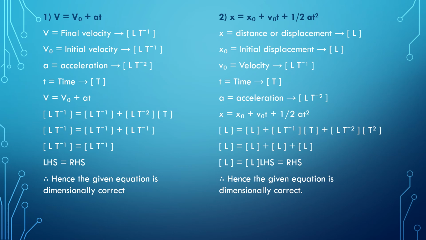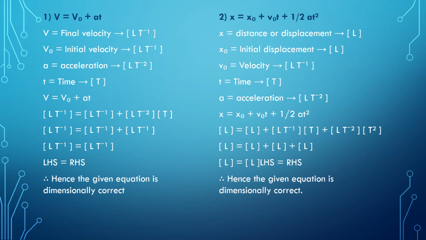So substitute all those dimensions in this equation. In the x place, that is L. Displacement is equal to what? Initial displacement, that is L, plus v naught t, that is LT minus 1 into t, plus half at squared. You can write it as LT minus 2 into t to the power 2.